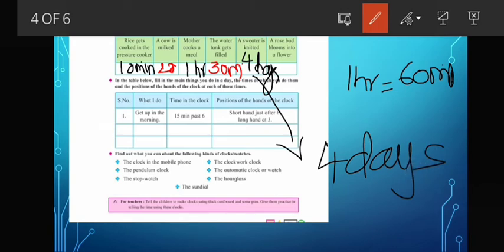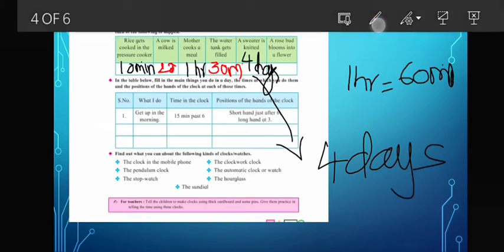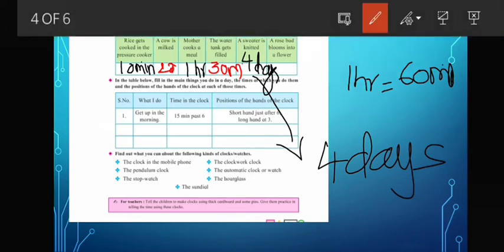Then a rose bud blooms into a flower. The small bud of a rose, how many days must it be taking to become a flower? Ask your mummy. Ask or observe the flower and then write. Come on, write. 15 days approximately?